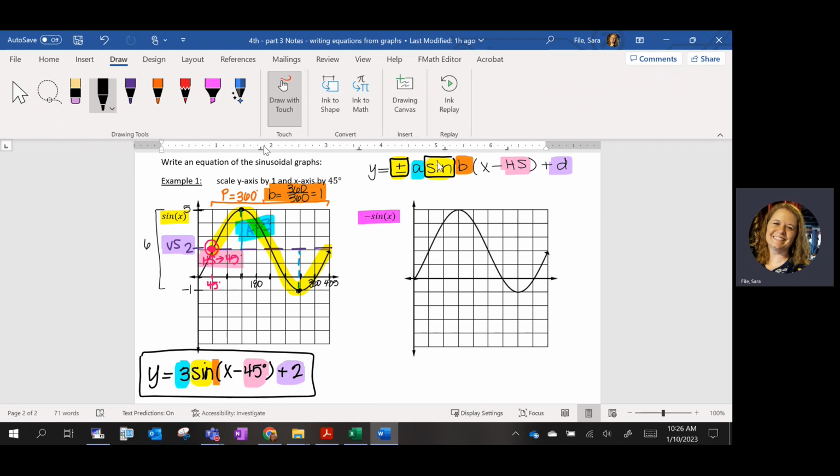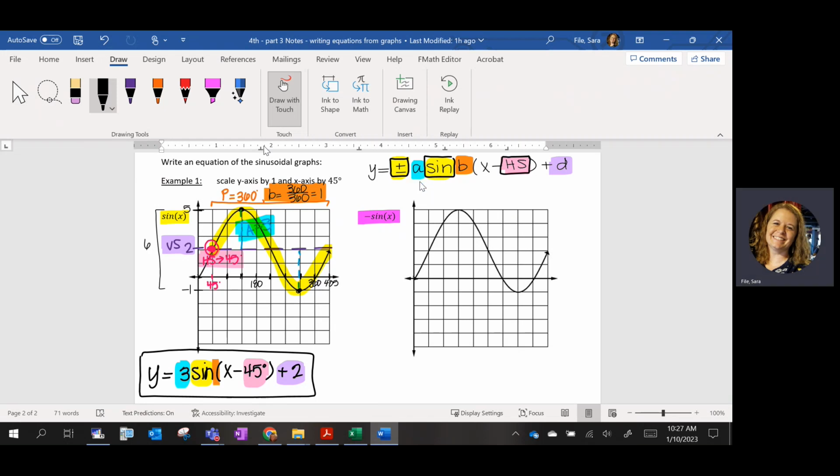So the positive or negative and the sine or cosine can change. And the only thing that changes with that is the horizontal shift. The size of the graph does not change. The only thing that changes is your starting point that you're using.